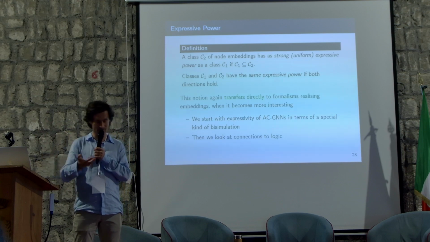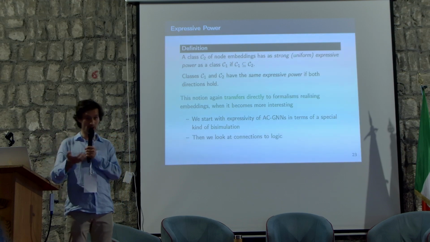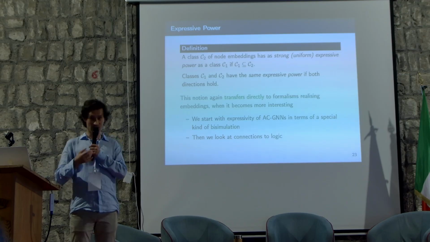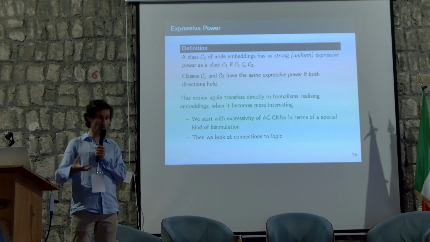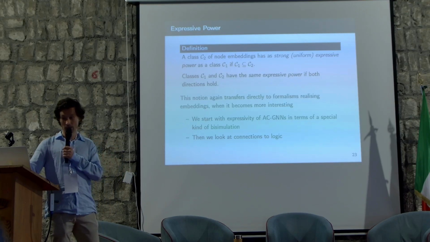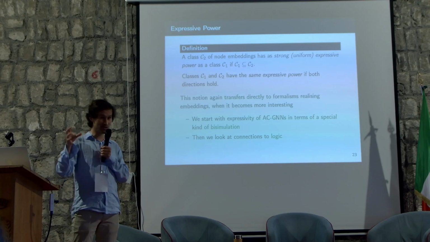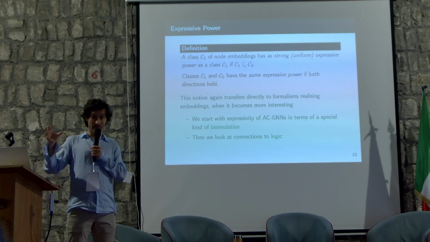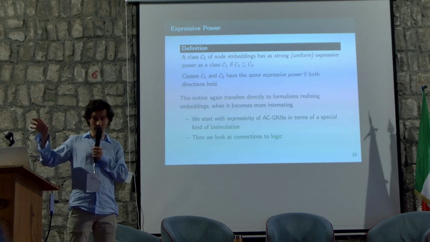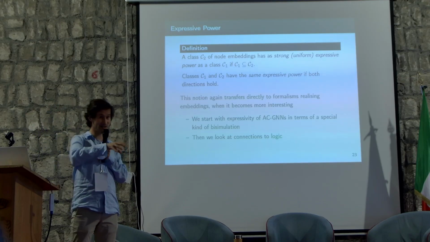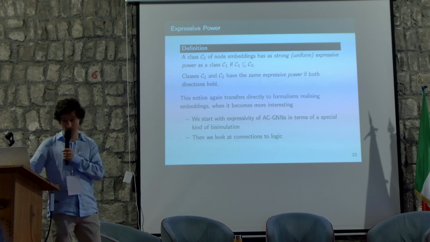Maybe two GNN classes, or maybe GNN and some logical formalism. We want to simulate each function individually, for all the graphs, right? So if, for example, we have an ACGNN and we want to simulate it with some bisimulation invariant function, then we really want to find a bisimulation invariant function which does exactly the same as the ACGNN for all the graphs, right? And this is a much stronger notion.